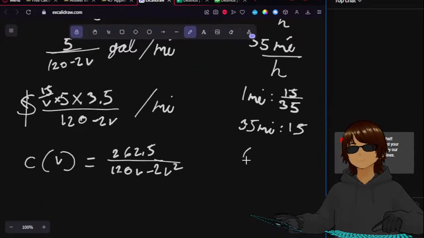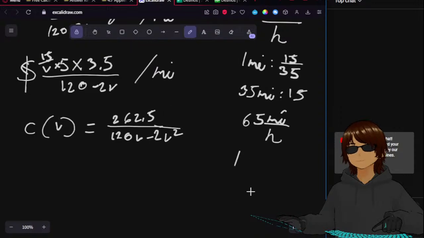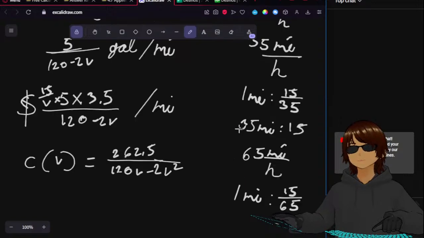If the speed V is 65 miles per hour, then for 1 mile it costs 15 divided by 65. So for 65 miles, it cost 15, which would make sense.